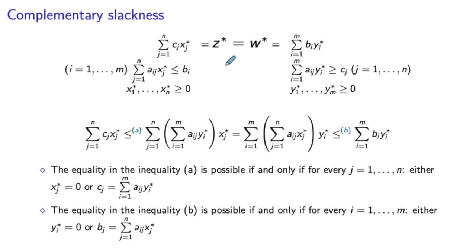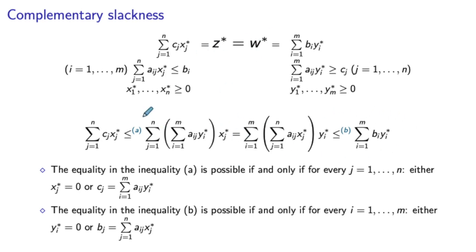So we started by observing that when I have an optimal solution for a primal given by x star and an optimal solution for the dual given by y star, then the corresponding optimal objectives match according to the duality theorem.